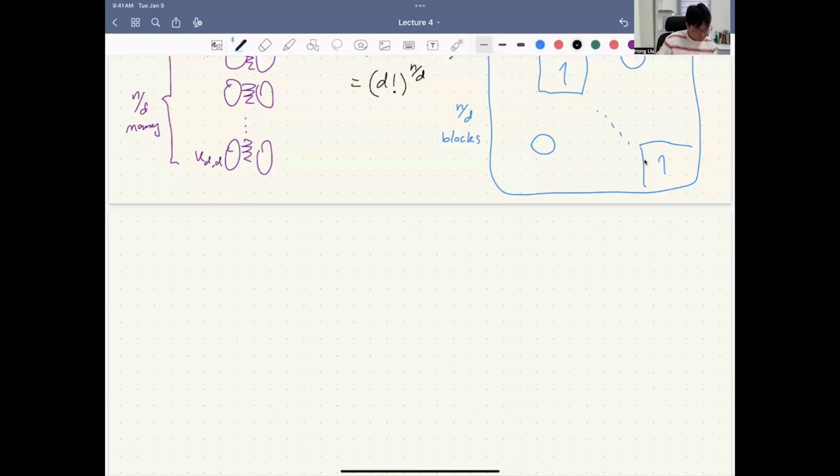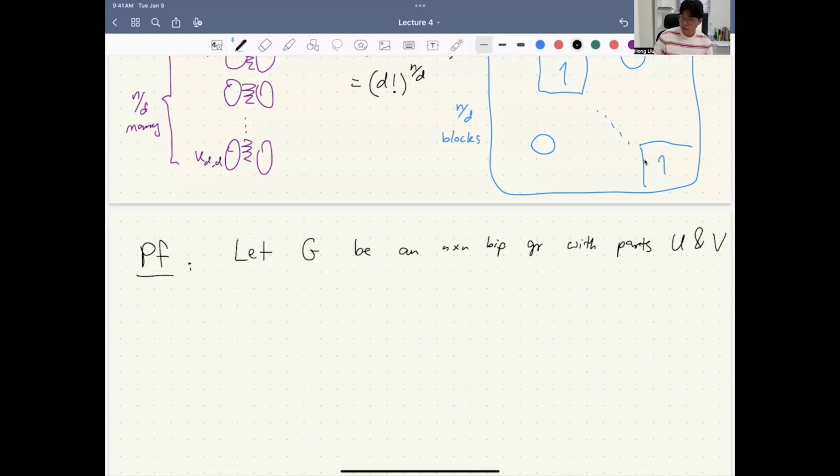Proof. Let G be an n by n bipartite graph with parts U and V, each of size n, such that the degree sequence of U is d1, ..., dn.